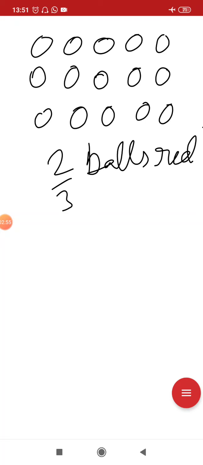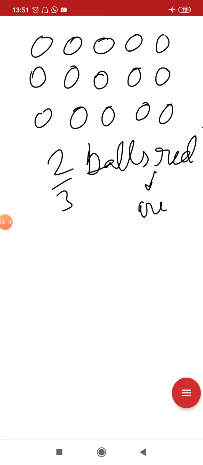So you have to find how many balls are red. So see the numerator and denominator. In the denominator there is 3, that means the total is divided into 3 groups. The total number of balls is 15. So we have to divide these 15 balls into 3 groups.